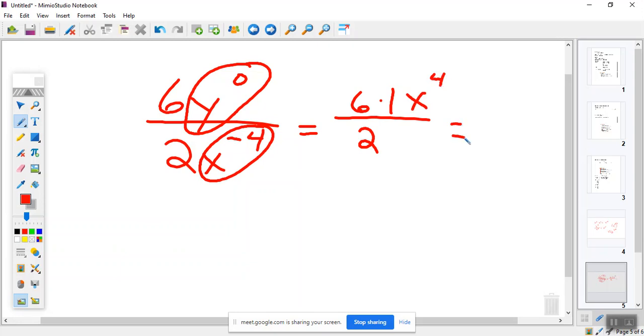So help me up top. What's the 6 times 1 going to get you, kids? 6. So I have 6x to the 4th over 2. But talk to me about that 6 over 2 part. Can that fractional part, 6 over 2, be reduced to anything that's in the simplest form? 3 over 1. Okay. So wouldn't this just in the end be 3x to the 4th right there?